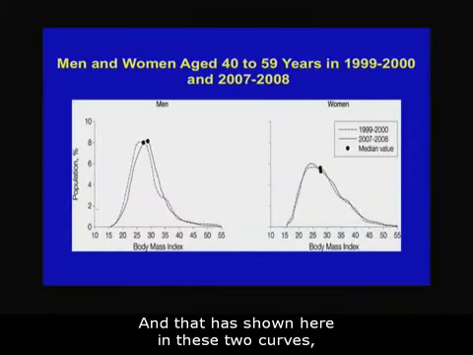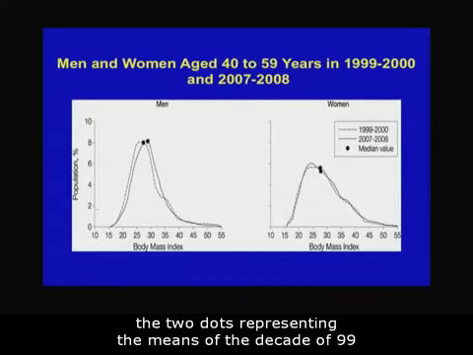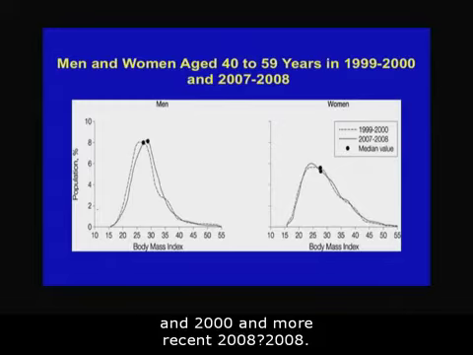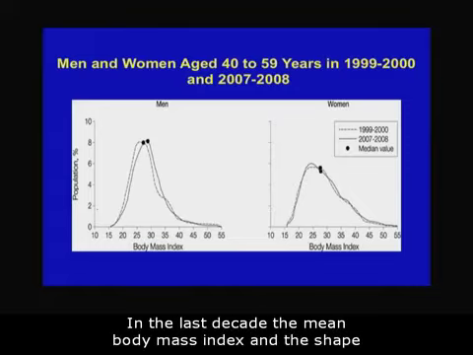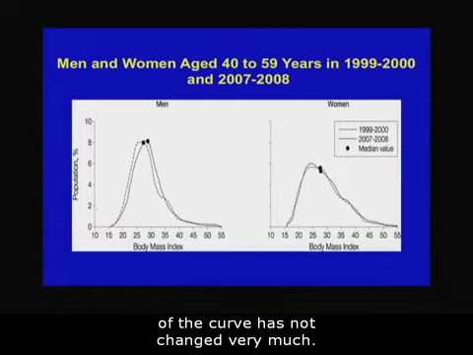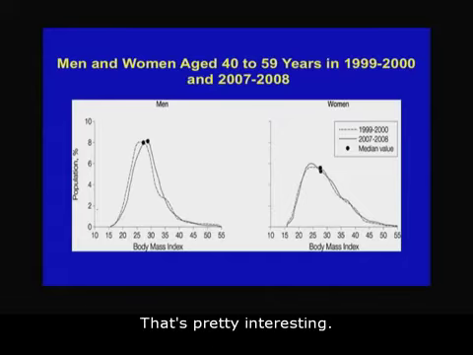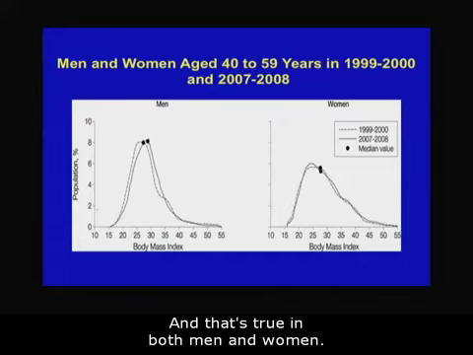And that's shown here in these two curves, the two dots representing the means of the decade of 1999-2000 and the more recent 2007-2008. So in the last decade, the mean body mass index and the shape of the curve has not changed very much. So that's pretty interesting, and that's true in both men and women.